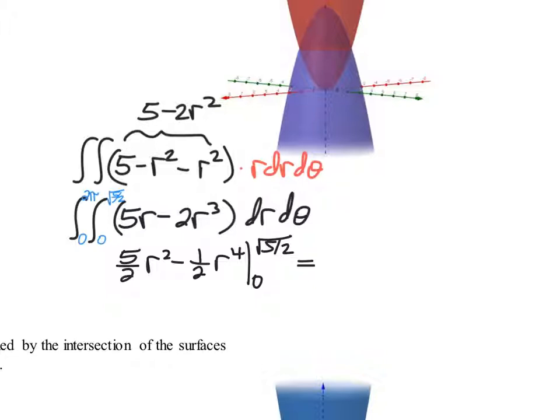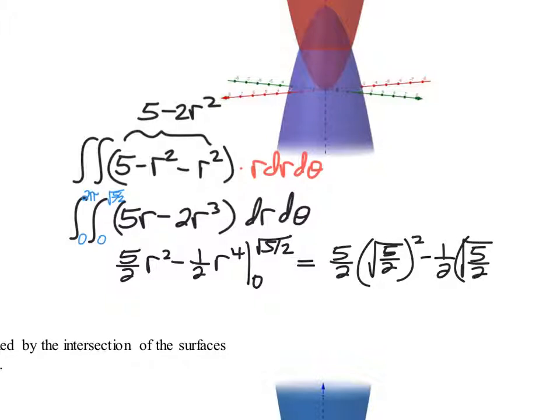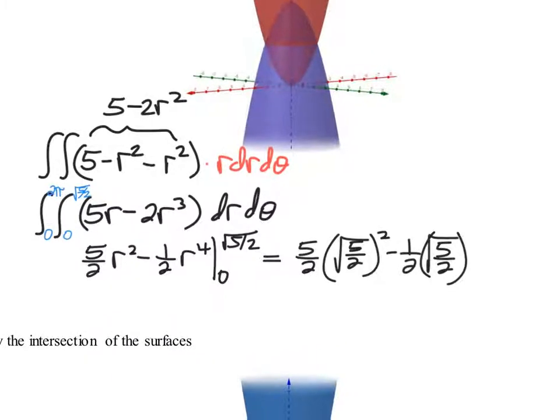All right, so we're looking at 5 halves root 5 over 2 squared minus 1/2 root 5 over 2 to the 4th. Not going to bother subbing in the 0 because that's going to cancel out anyway.